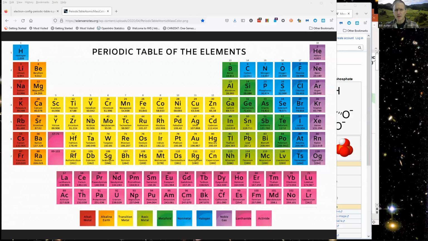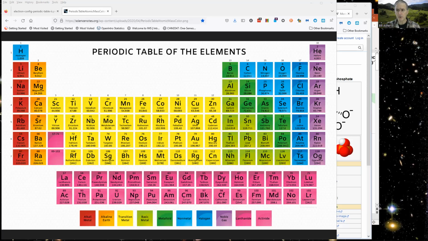The thing you have to understand about ionic bonding is that some atoms want to gain electrons and some atoms want to lose electrons. Which ones want to lose and which ones want to gain is generally related to where they lie in relation to a noble gas.